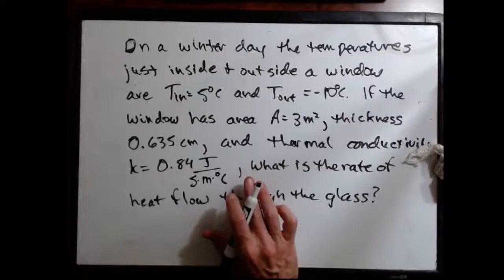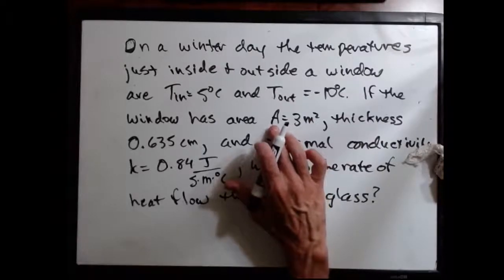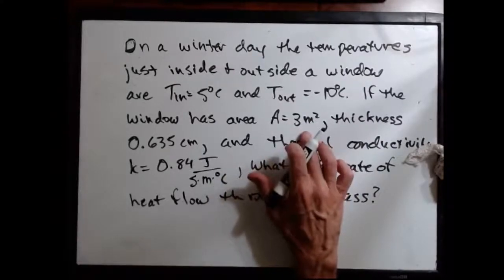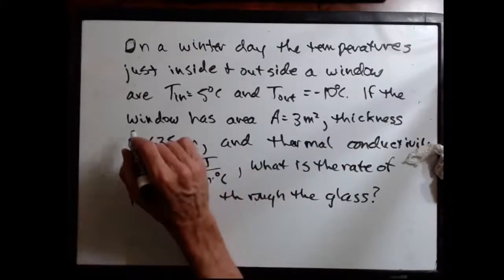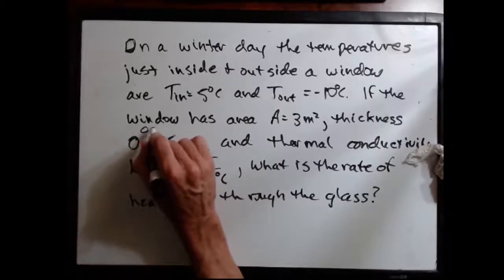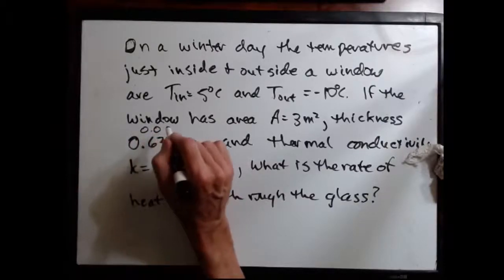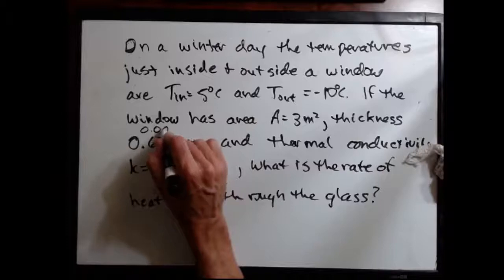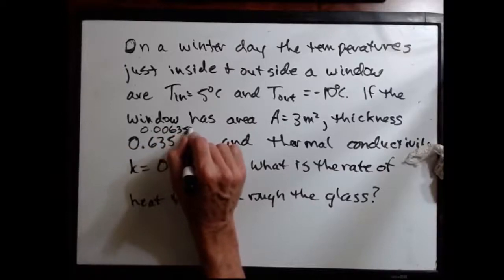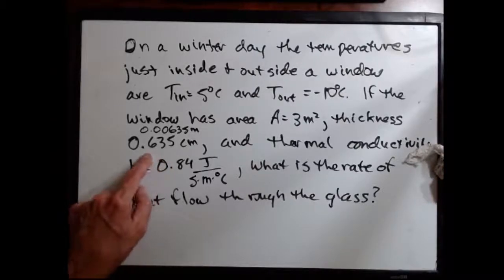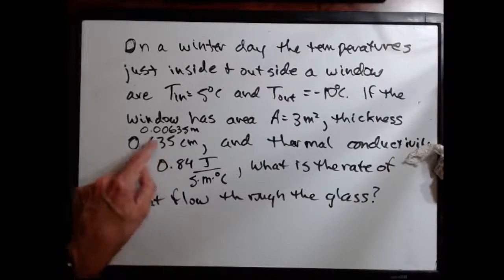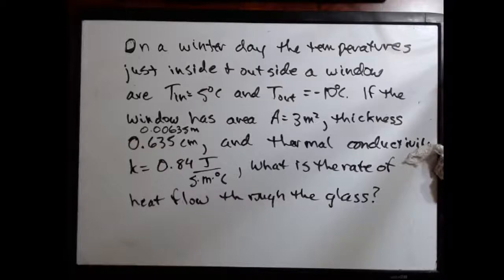If the window has an area of 3 square meters and a thickness of 0.635 centimeters, or that's 0.00635 meters, right? 0.635 centimeters is 6.35 millimeters, which would look like that.